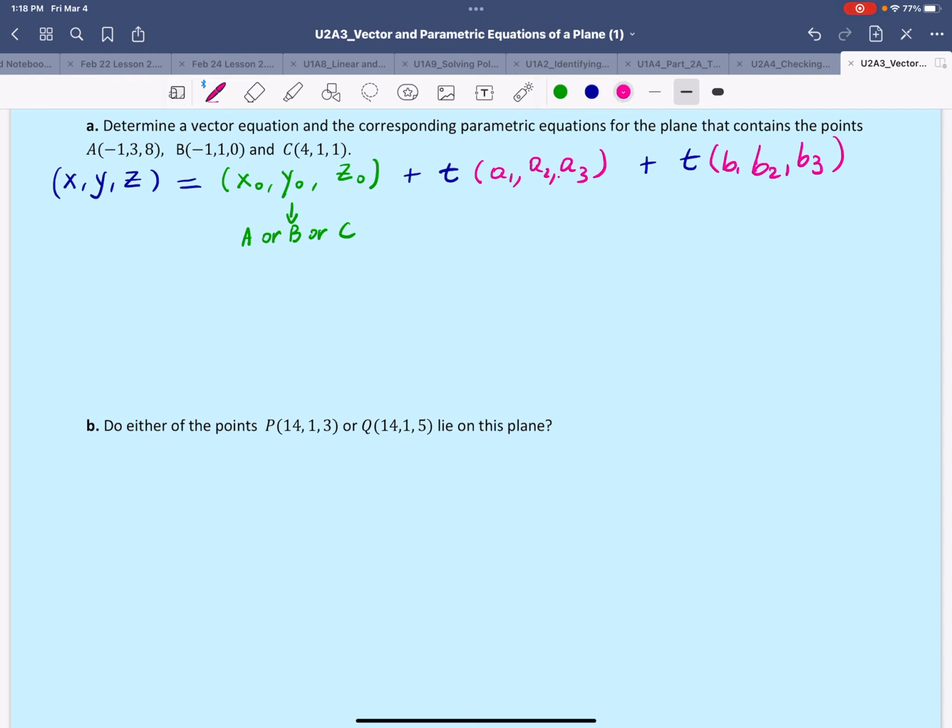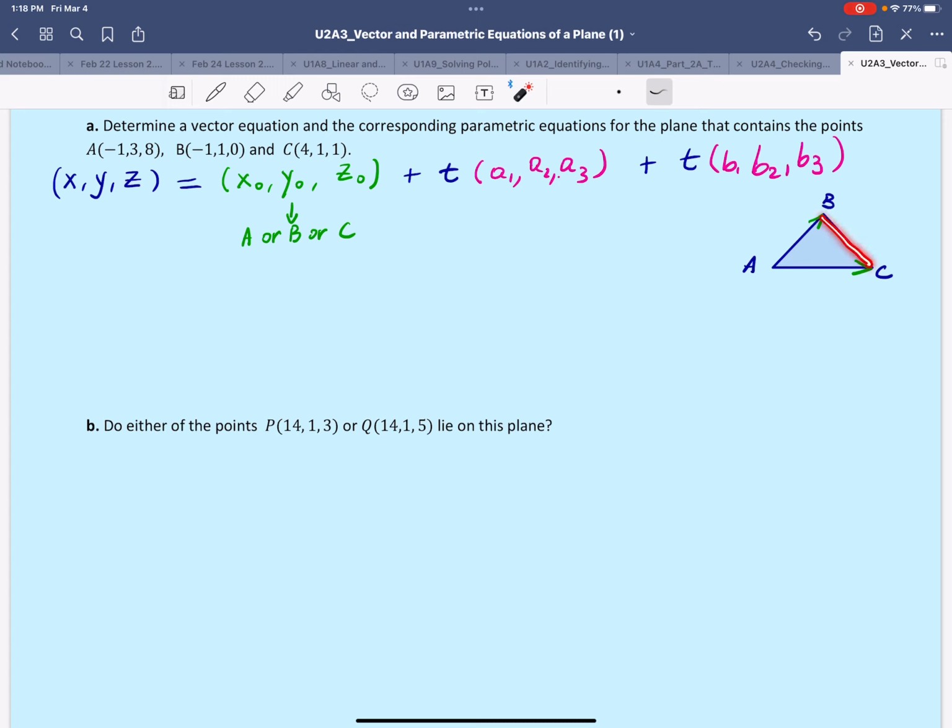And then we have to define two direction vectors. Remember, for a triangle ABC that lies on a plane, we can create different pairs of direction vectors. We can choose AB and AC.